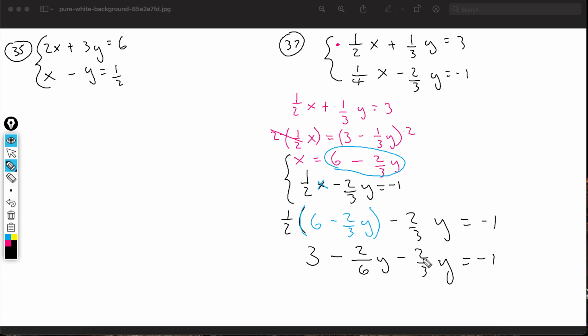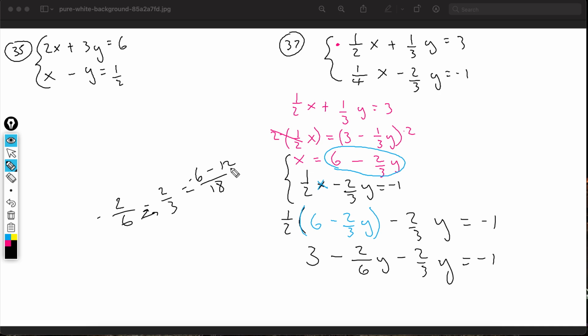Let's see, can we do anything here? So we have -2 over 6 y minus 2 over 3 y equals -1. So I'll just do it right here on the side, just without the y's. 6 times 3, 18. Put a minus sign, because that's what we're doing. 6 times 2, 12. 3 times, oh my god, I can't think. 3 times 2 is 6, yes.